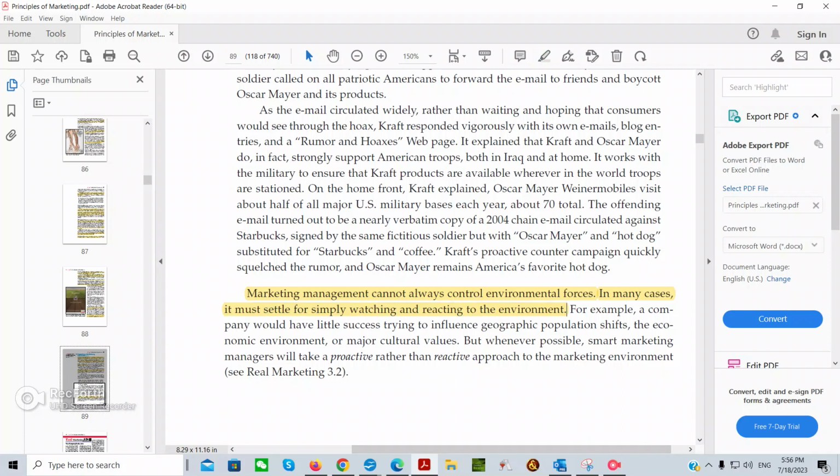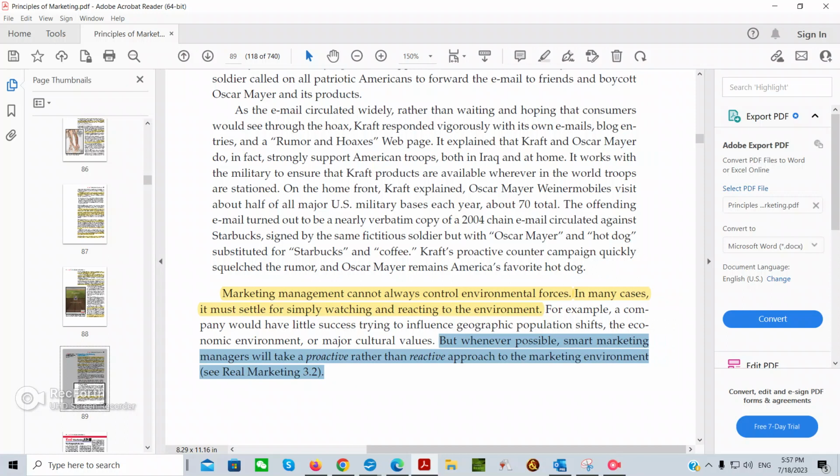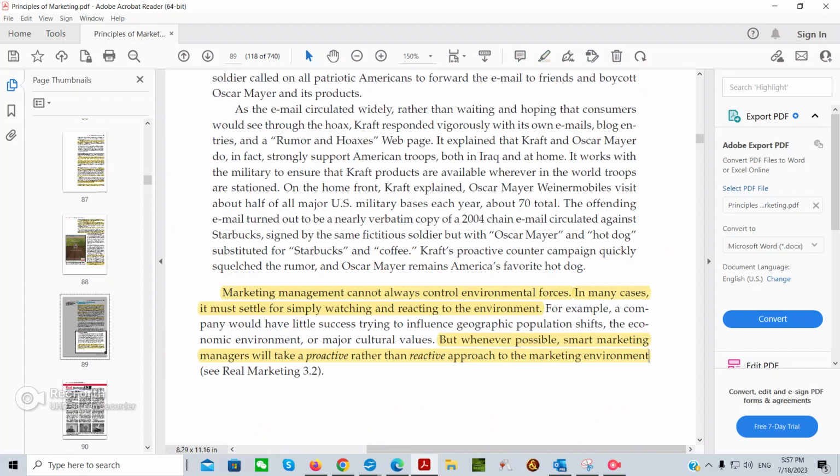For example, a company will have little success trying to influence geographic population shifts, the economic environment, or major cultural values. But whenever possible, smart marketing managers will take a proactive rather than reactive approach to marketing environments.